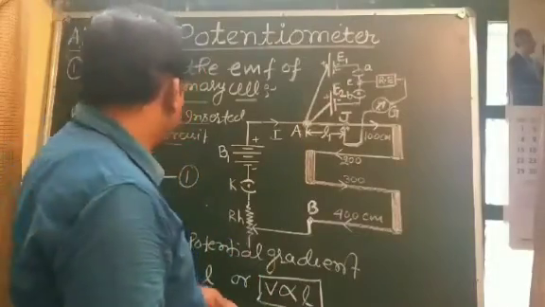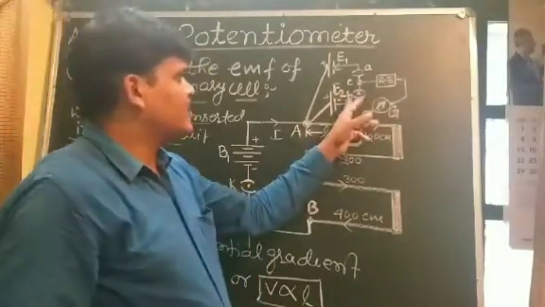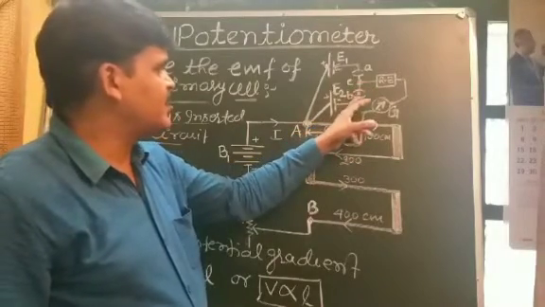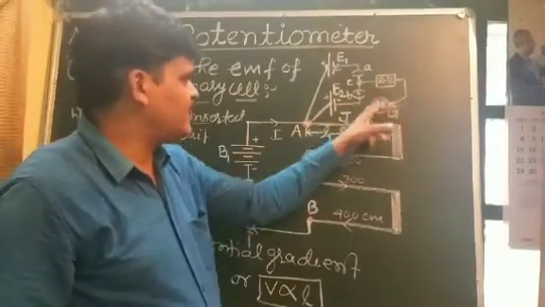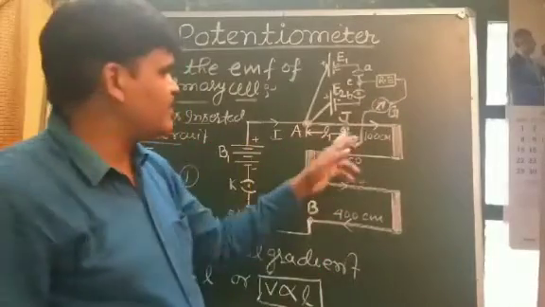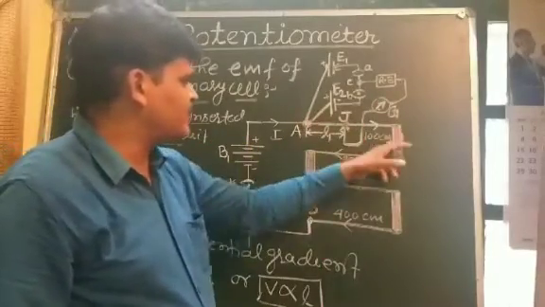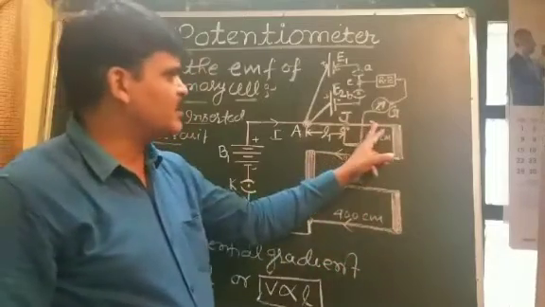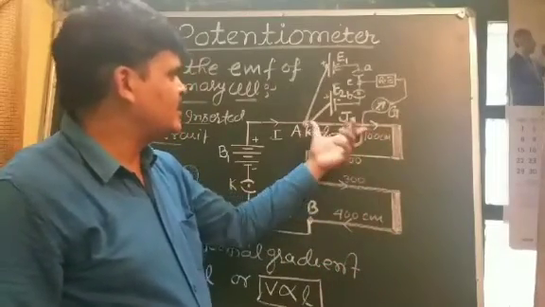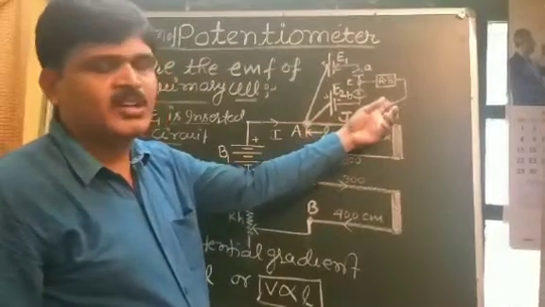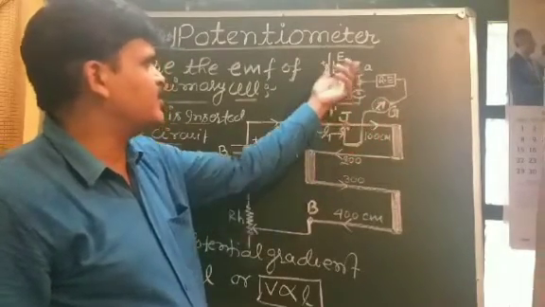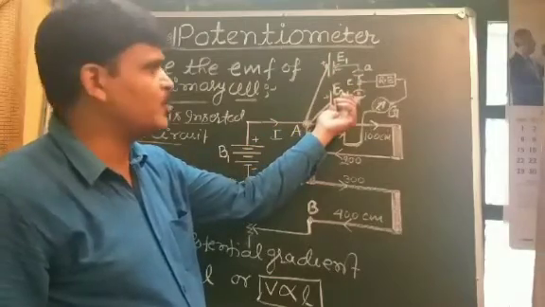Suppose we insert the key in between C and B. Cell E2 is in the circuit, and if we touch the jockey on the potentiometer wire and suppose that at L2 length there is no deflection in the galvanometer, it means the potential difference across L2 length is equal to the EMF of the cell E2.